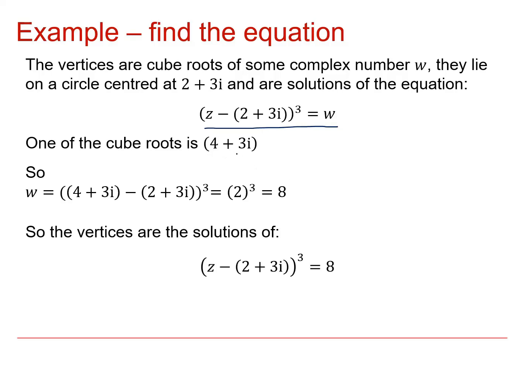I know about 4 plus 3i, so putting that in and working it through, I get a value for w of 8, and so the vertices are the solutions of this. We're going to solve this by treating it as z cubed equals 8 to start with, and then when we get each of the roots, we'll add the 2 plus 3i back in so that we get the final result. Let's have a look at how that's done.